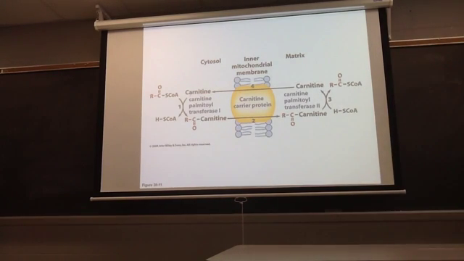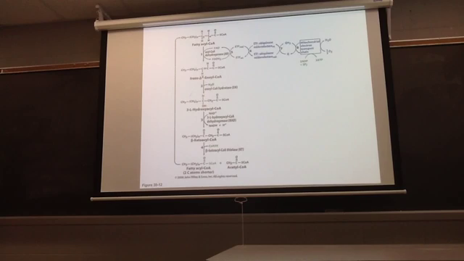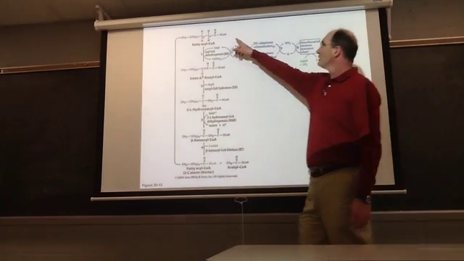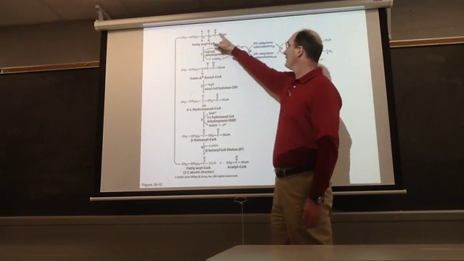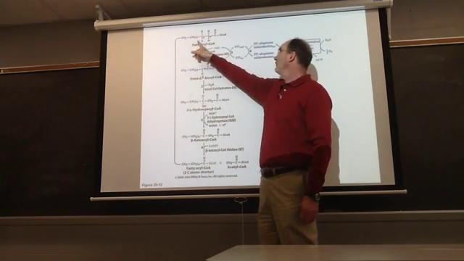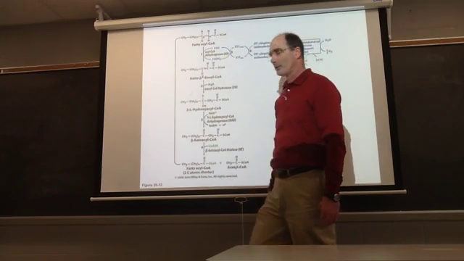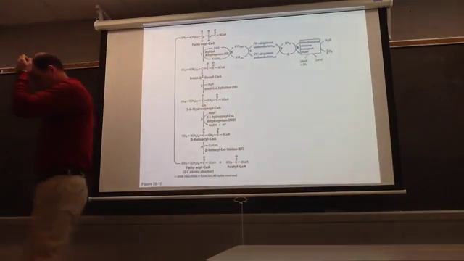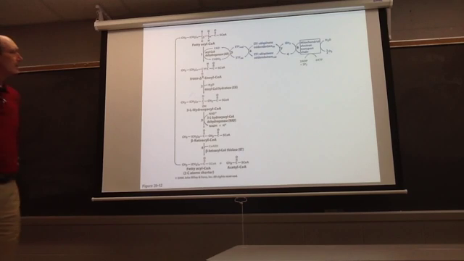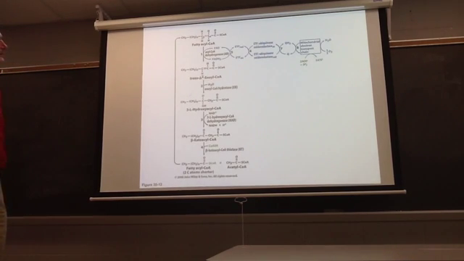And so now we were ready to talk about the fatty acid oxidation step. So fatty acid oxidation starts with that fatty acyl-CoA that we just made in the mitochondrial matrix. Okay?